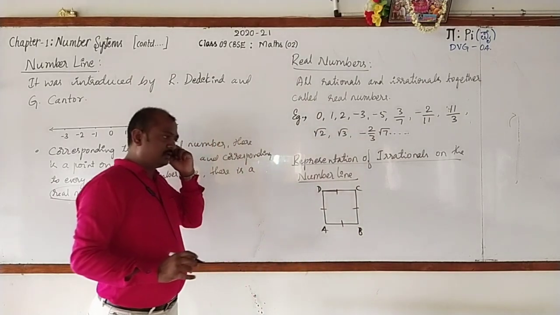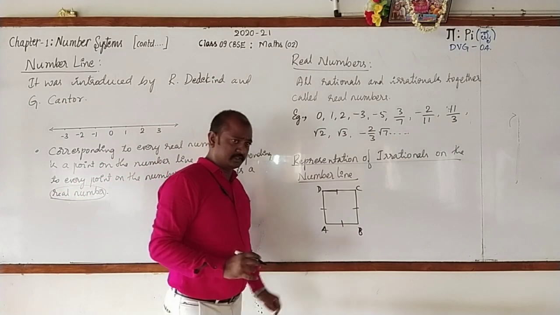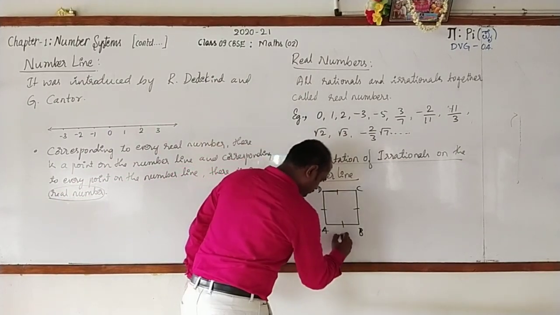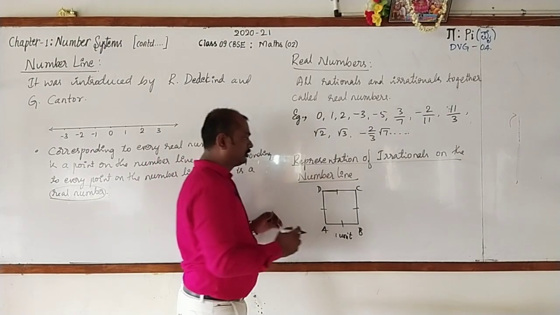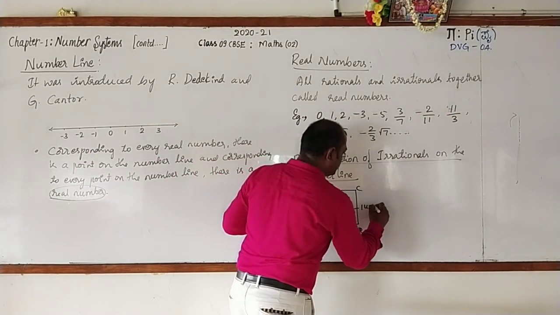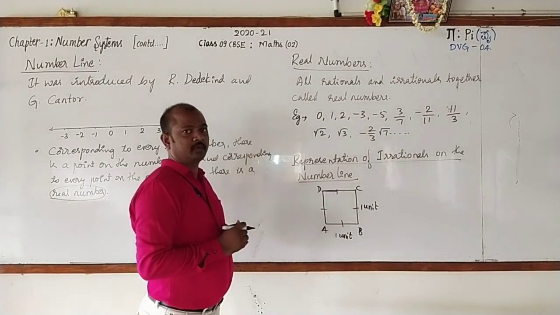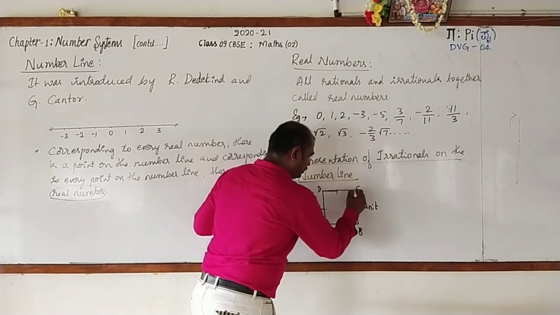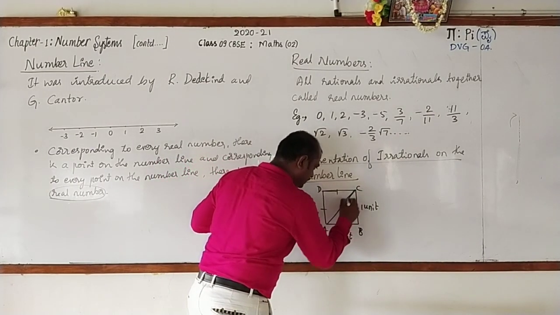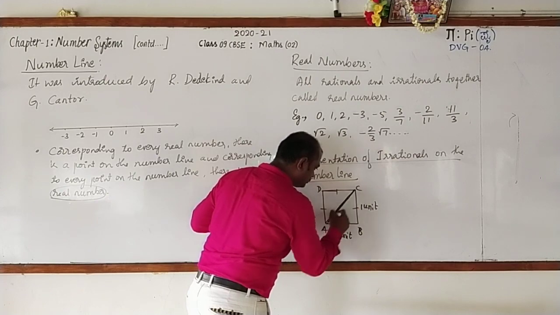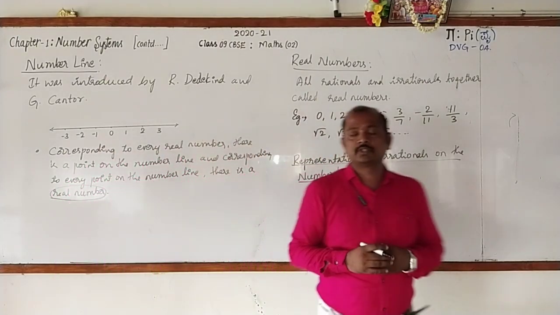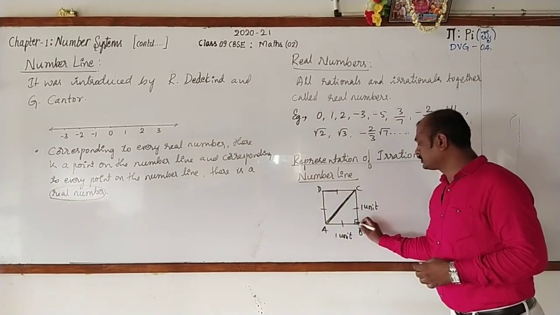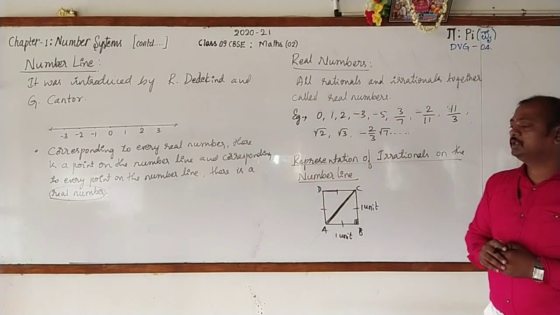It is a square and one of the properties is that all sides are equal. I am going to take AB as 1 unit. What about BC? That will also be 1 unit. If we want to find the length of AC, how do you find it? Can you recall which concept is to be used?